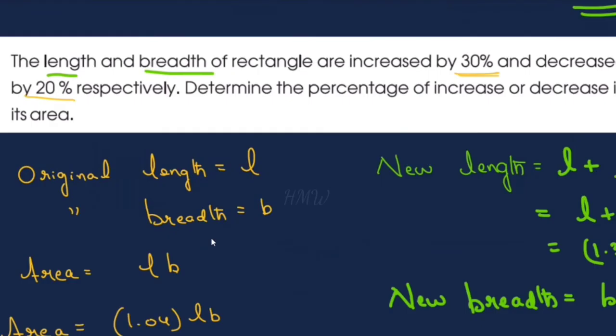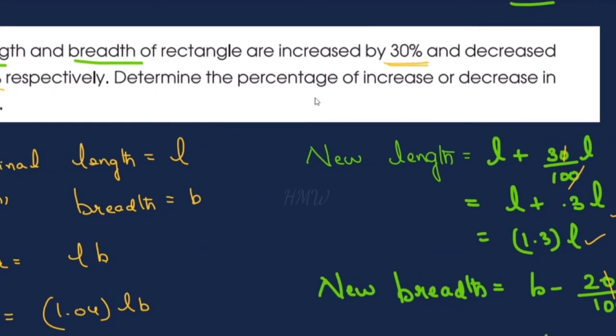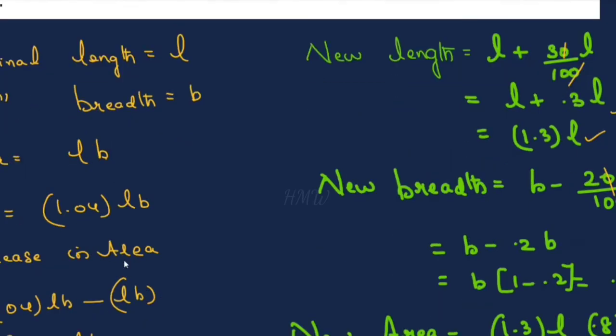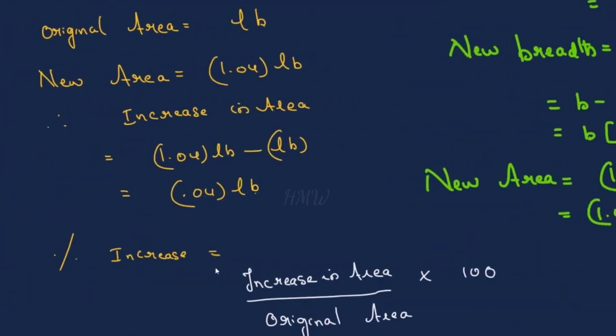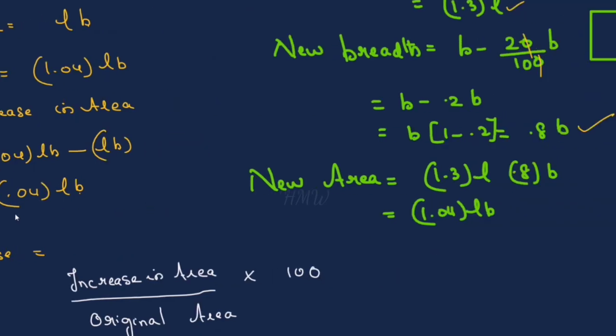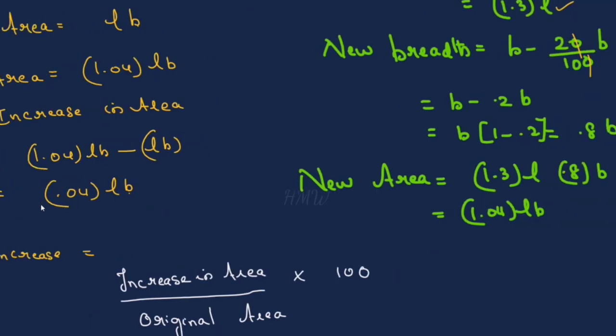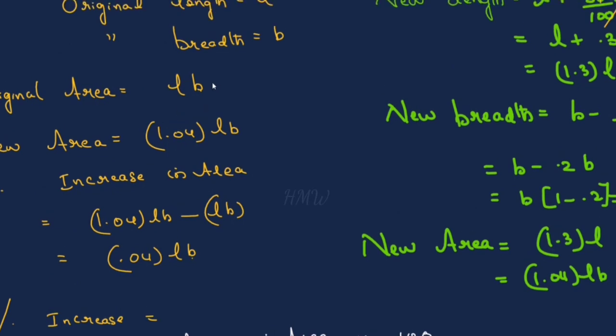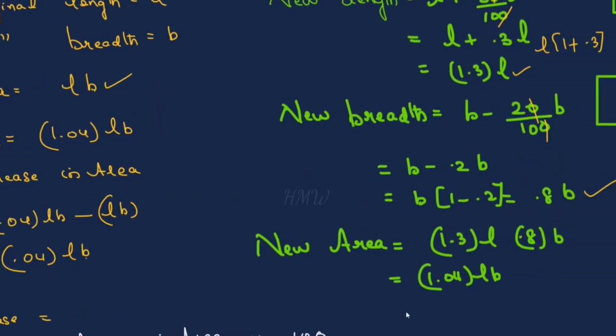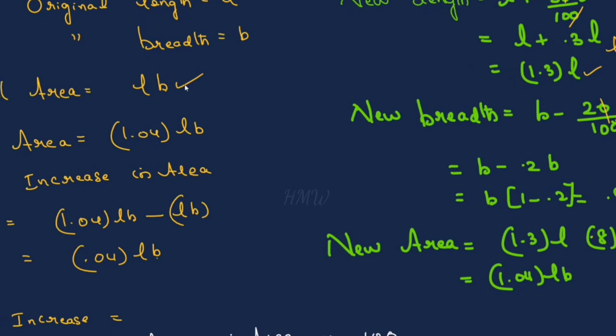The question here is to find the percentage of increase. So what is the percentage increase in area? The area is actually increased. The original area is L into B. The new area is 1.04 into LB.